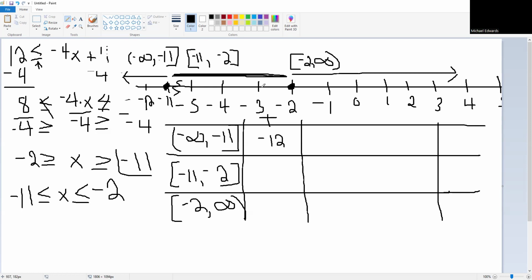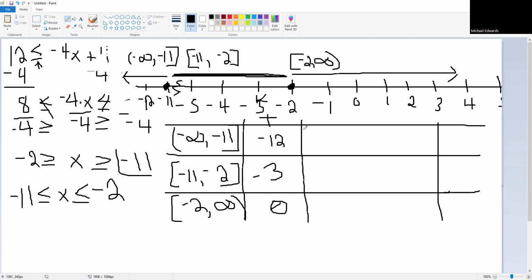Let's pick the easiest number to work with that's not a critical number, which is negative 3, because it's the next number right here. For negative 2 going to infinity, the next number logically is negative 1, or we could try 0. 0 is always an easy one to work with. So that's what I'll try.